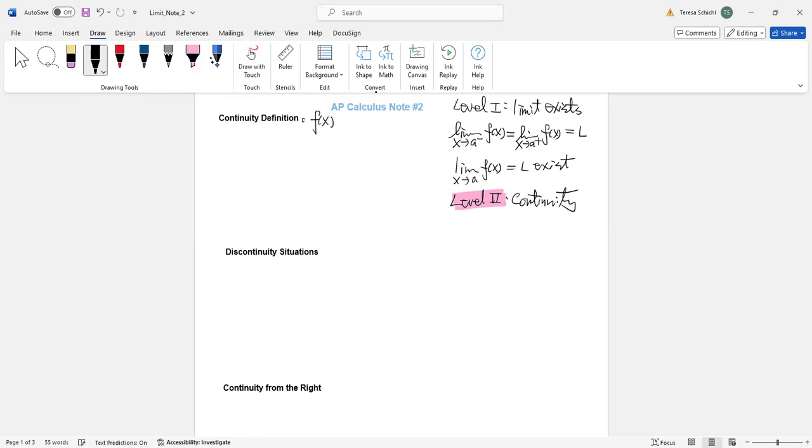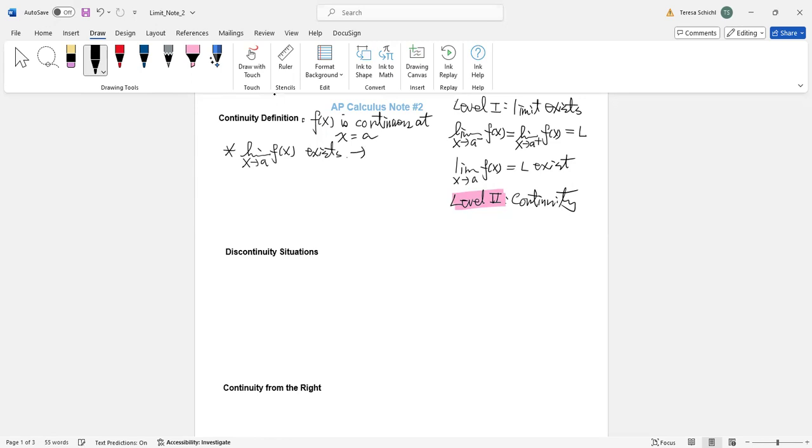How do I define that f of x is continuous at x equals a? In order to be continuous, the first condition is that the limit as x approaches a of f of x has to exist. This is condition number 1.